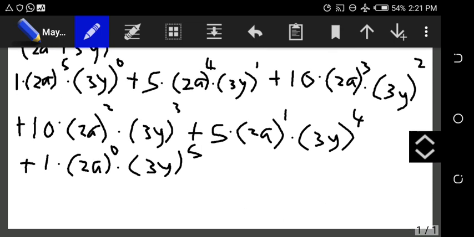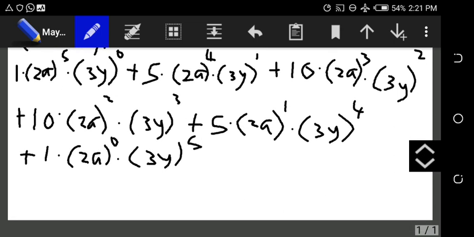Now next thing we have to do is to simplify all this that we have. So we go one after the other, starting with this one here, trying to simplify that. We have 1 times (2a) raised to power 5 times (3y) raised to power 0.